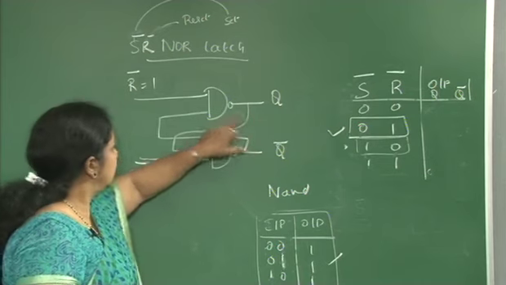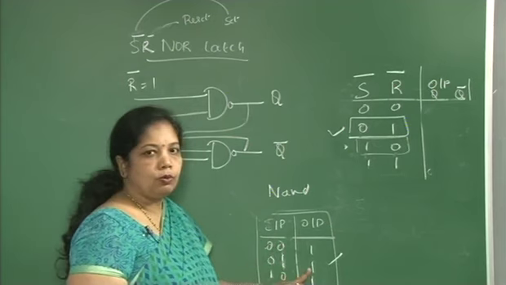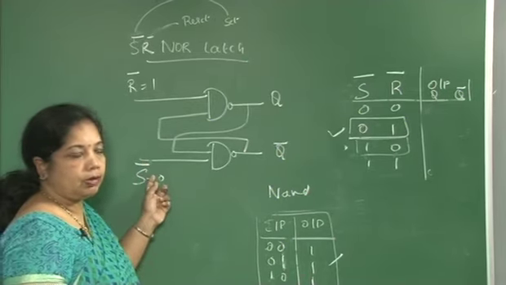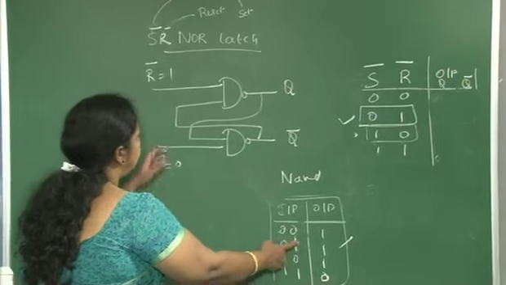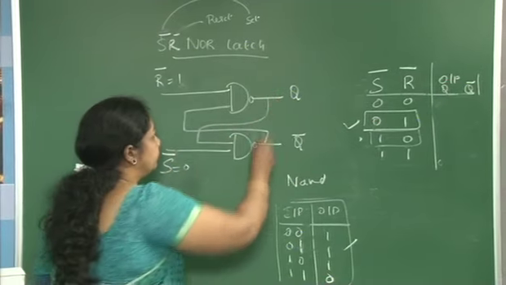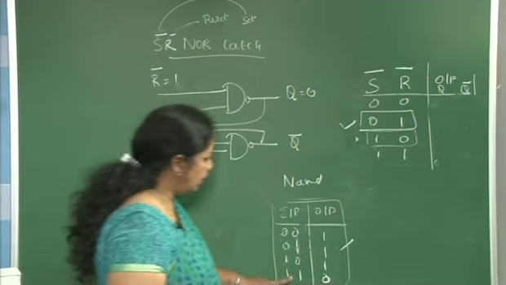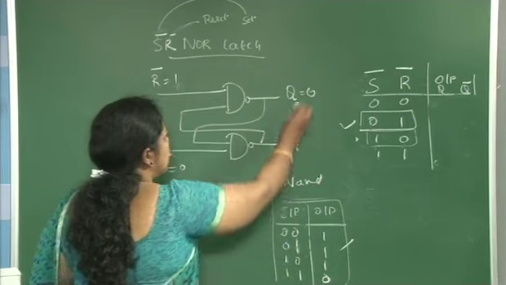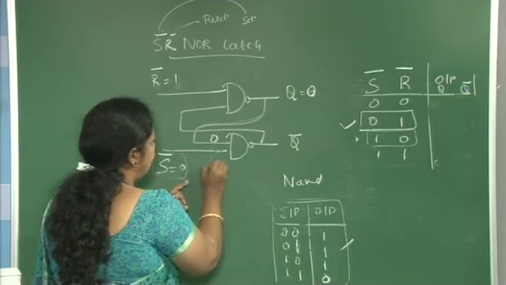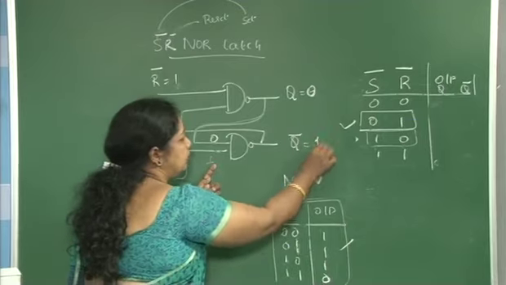If any input of a NAND gate is 0, my output should be 1. Since I am giving complement inputs, not normal inputs, when R is 1, my output will be 0. So 0 and 1, it is logic 1.